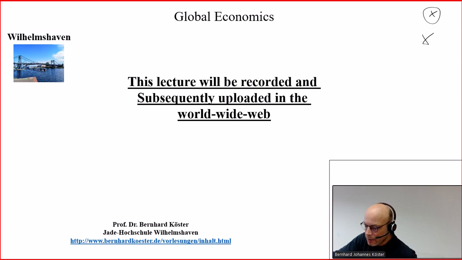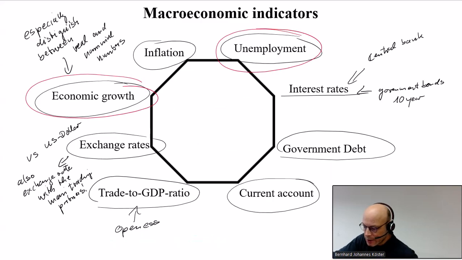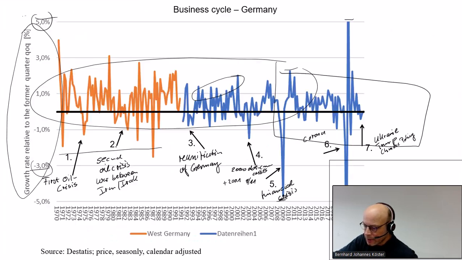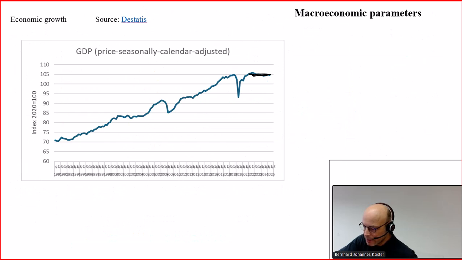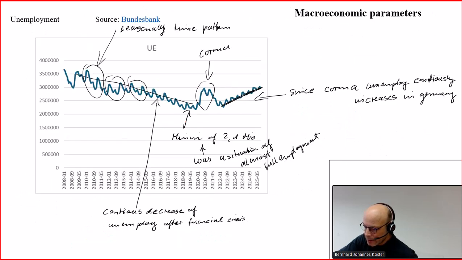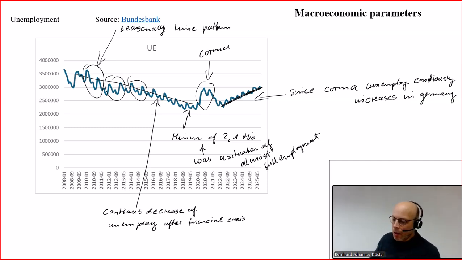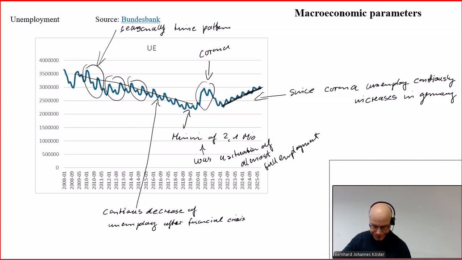Good morning to the lecture Global Economics. We are just within, so to speak, our technical part, where later on we want to discuss quantitatively the dependence between unemployment and economic growth.